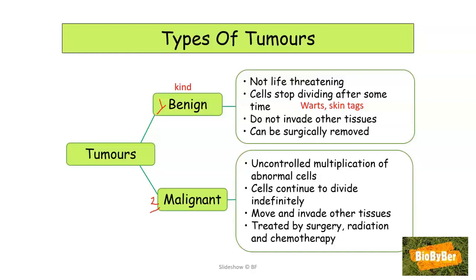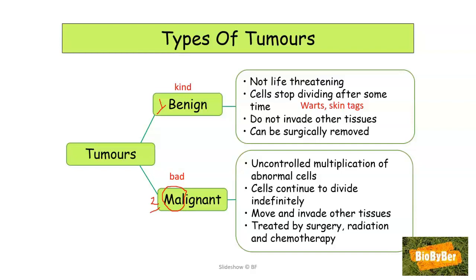Now, the second type of tumour are what we call malignant tumours. You can see, if you're a French student there, mal meaning bad. Now, malignant tumours are bad cells or bad groups of cells. They're created when abnormal cells lose control or they don't have the ability to control the rate of cell division.